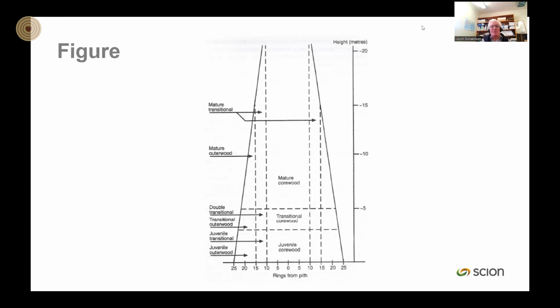But in the radial axis, you have the first 10 rings, which represent core wood, with a rapid progression in the first few rings. And then in the next 5 rings, you have a transitional zone with outer wood beyond that. Now, with the essentially smooth transitions, the boundaries that have been drawn in this diagram do reflect somewhat arbitrary thresholds.